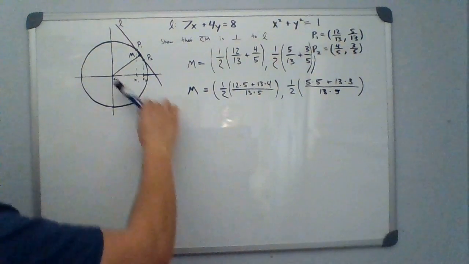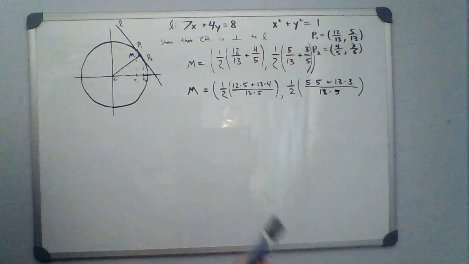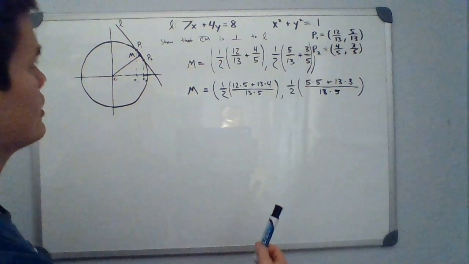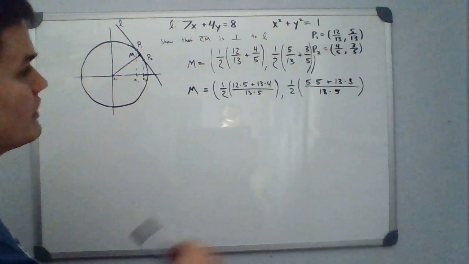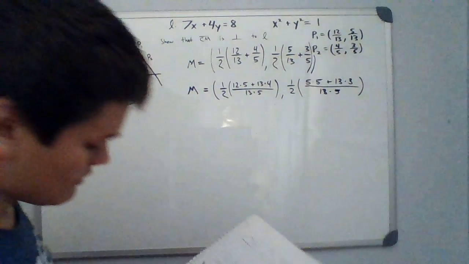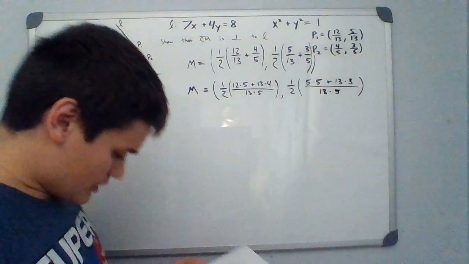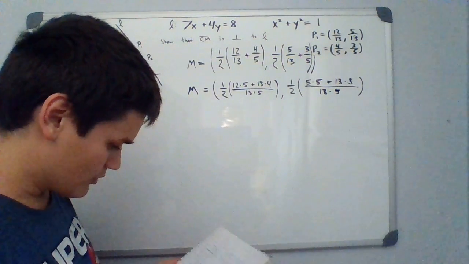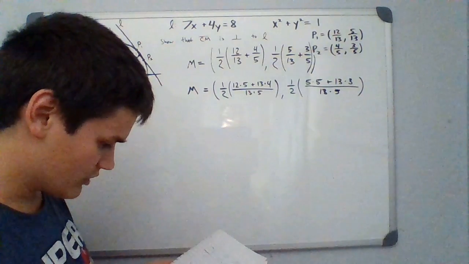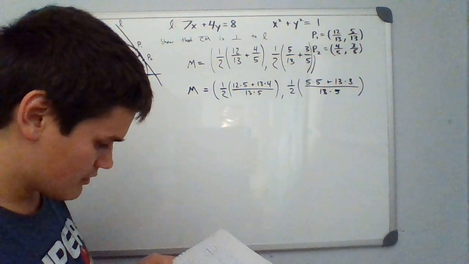Because the whole point of this is to show that CM is perpendicular to L. We could do it arbitrarily, and that would be more of a proof, but maybe I'll do that in a later video. It seems a lot more difficult than this. I did solve for the midpoint as well, so maybe I'll just grab those values real quick.